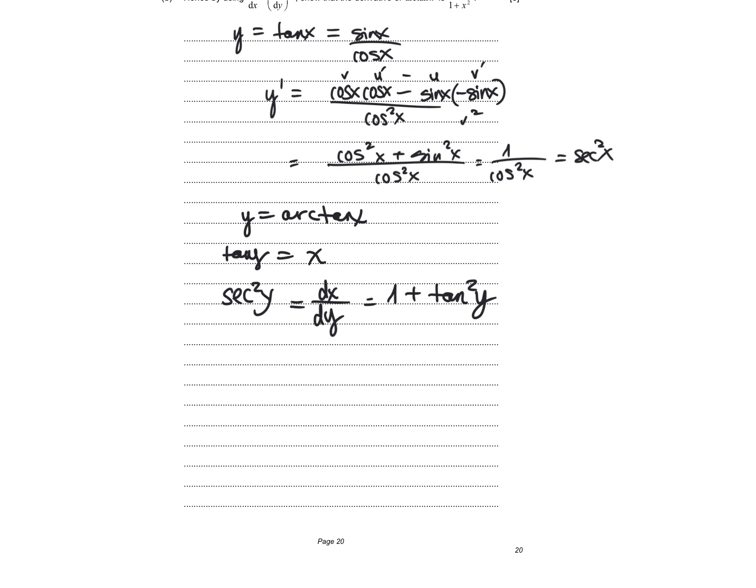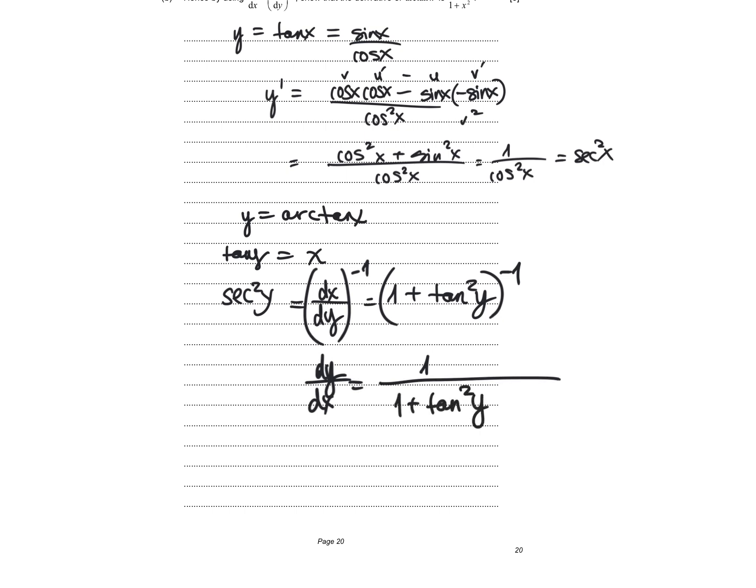So if we do to the negative 1 here, we're going to have dy dx is equal to 1 over 1 plus tangent squared y. And we have that tangent y is x. So we know that we have 1 over 1 plus x squared.